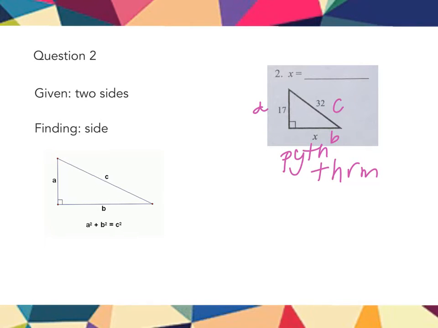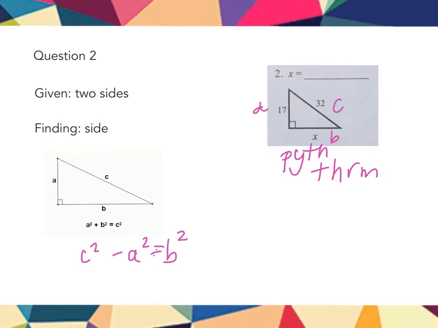And I might label this and say, okay, if A squared plus B squared is C squared, I'm really going to use C squared minus A squared equals B squared.